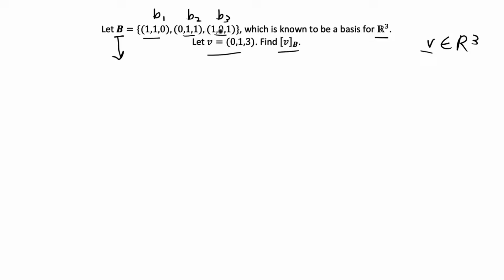Then for any vector v in the vector space, which in this case is R3, we can write v as a linear combination of b1, b2, b3. I'm going to write the coefficients using a. So v equals a1 times b1 plus a2 times b2 plus a3 times b3.